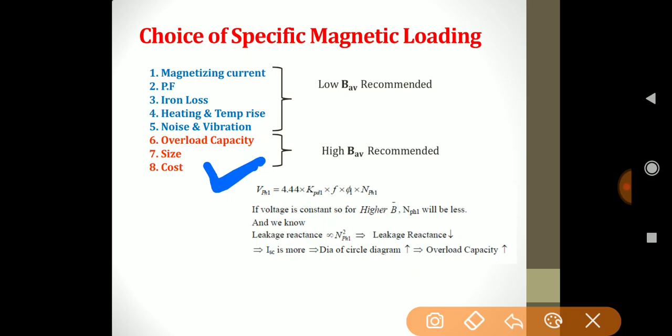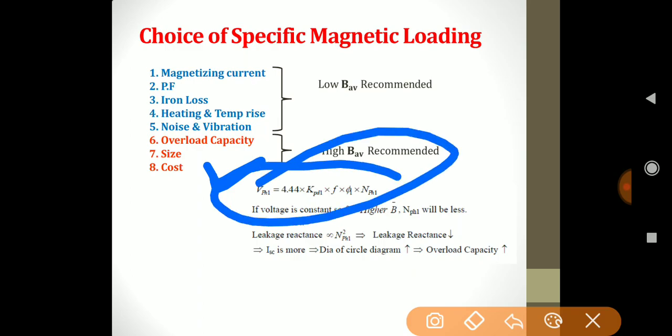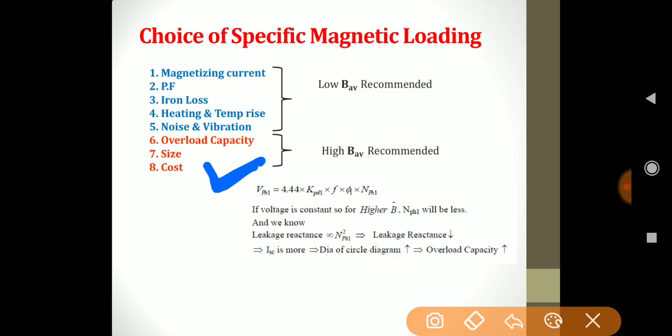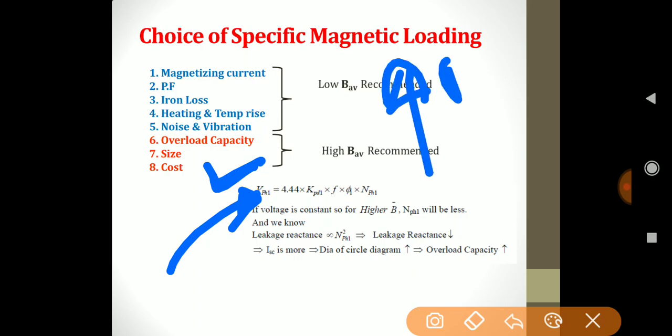In some books kW is written as kpd. If voltage is constant, then for a higher value of B, NPH will be less. See, this is the voltage equation which we have just now used in deriving the output equation. So in this voltage equation, we need to understand if VPH is constant and we are using a higher value of BAV, that is, if flux density value is high.